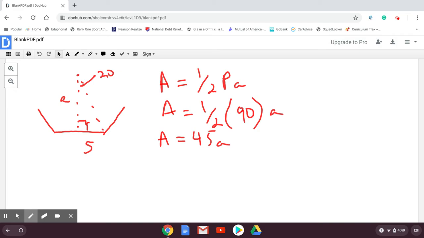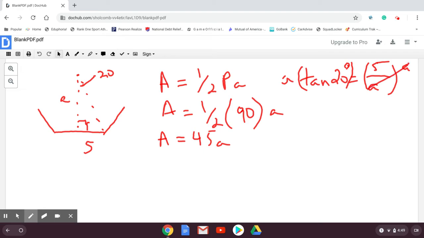So let's figure out the apothem. Let's go through our trig ratios. SOHCAHTOA tells me an opposite over an adjacent is going to be a tangent, which is very common. So the tangent of a 20-degree angle is going to be equal to my opposite side 5 over my adjacent side, which is my apothem. We're going to multiply both sides by a to get it out of the denominator there. Cross it out.